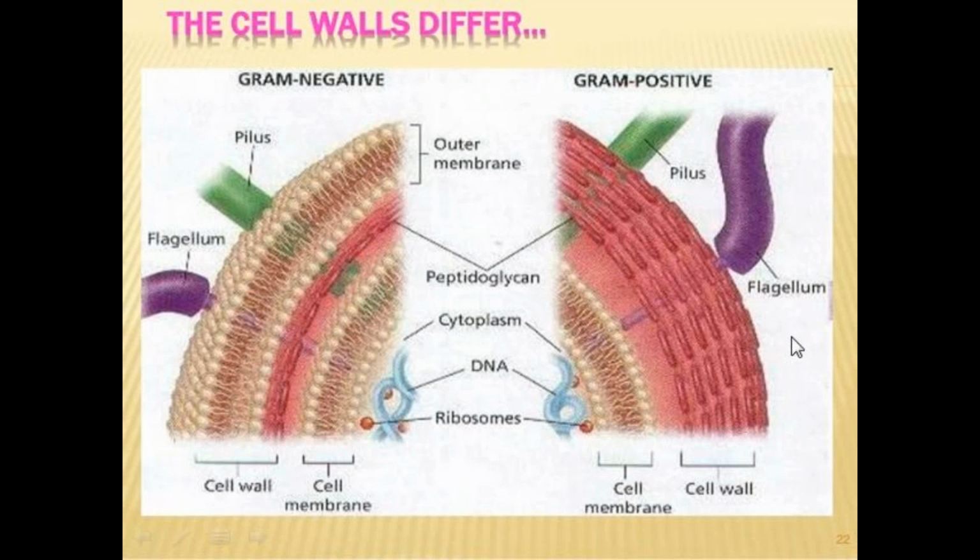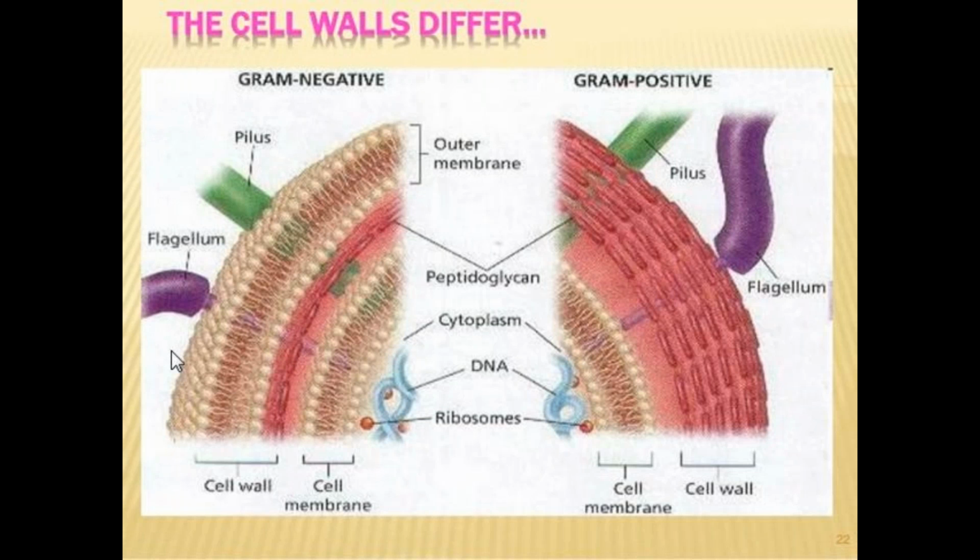Gram positive mainly consists of the cell wall portion, that is the peptidoglycan portion, whereas the cell membrane portion is less. Whereas in gram negative ones, the cell wall contains a thin region of peptidoglycan, and a larger amount of lipid region.